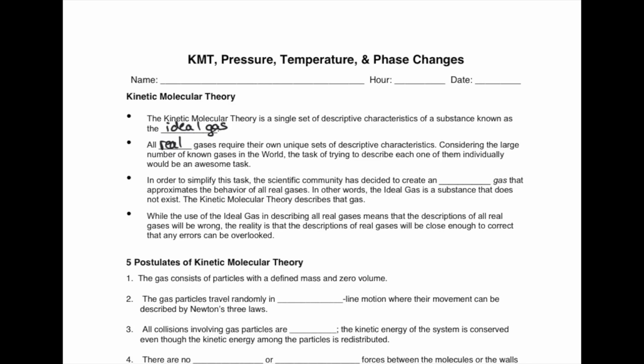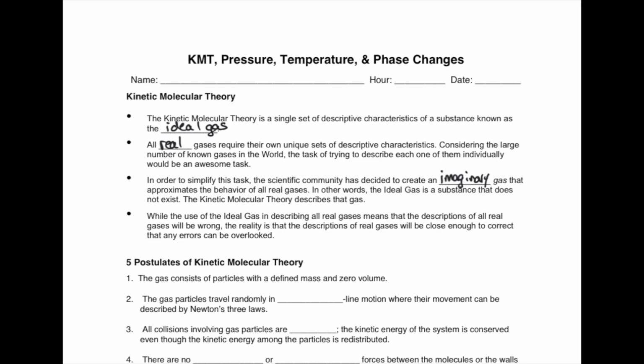But because there are such a large number of known gases in the world, the task of trying to describe each one of them individually would be arduous, right? It wouldn't be efficient in trying to just explain how gases actually work. So in order to simplify this particular task, the scientific community has decided to create an imaginary gas that approximates the behavior of all real gases.